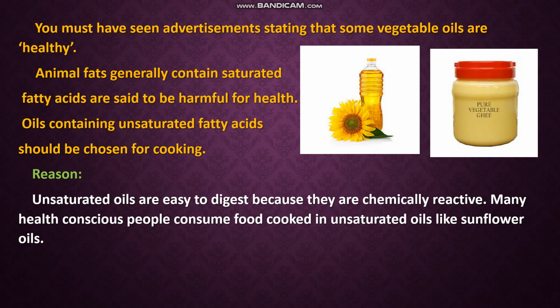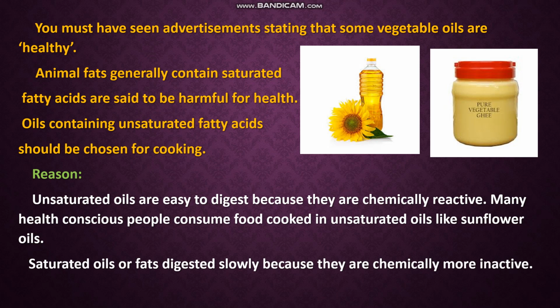So what is the problem with fat? Fats are saturated, so they are chemically inactive, and so they will not get digested easily. Health conscious people always suggest unsaturated oils like sunflower oil. Saturated oils or fats are digested slowly because they are chemically more inactive. So what is the importance of unsaturated oils and saturated fats?